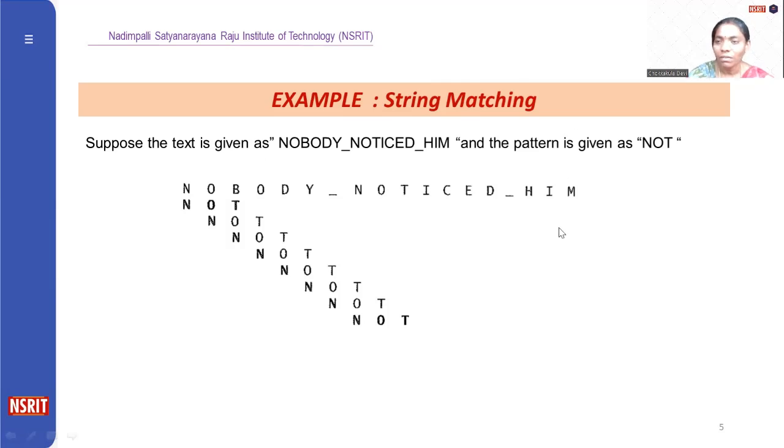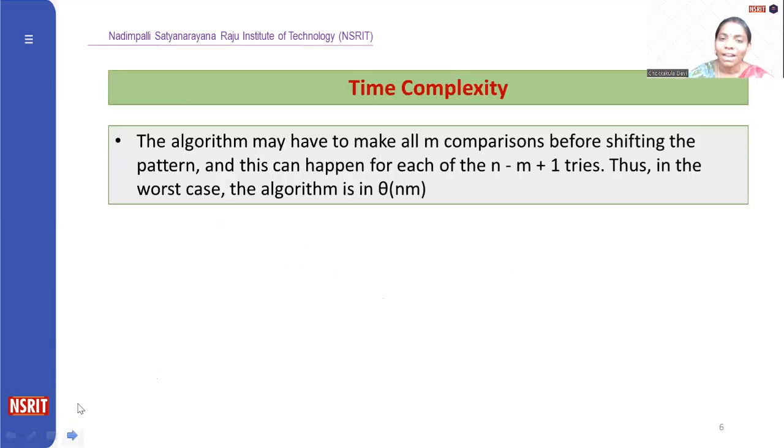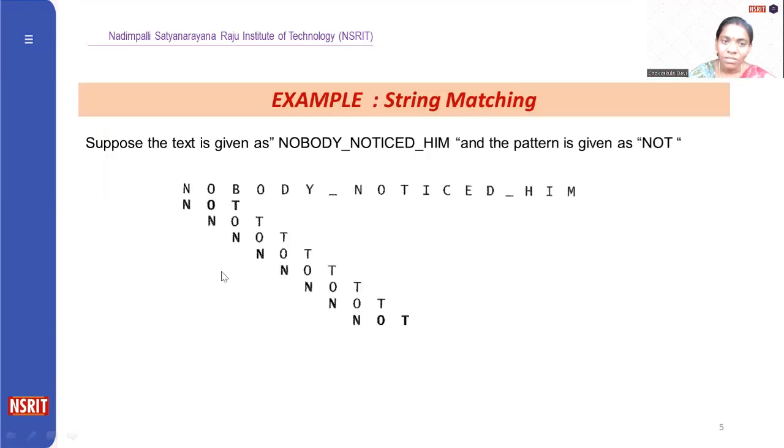In this way, we match the pattern from a given string using the brute force string matching algorithm. Coming to the time complexity of this algorithm, it may have to make all m comparisons, because in this example the partial part of the pattern matches with the text, but the entire pattern is not matched.